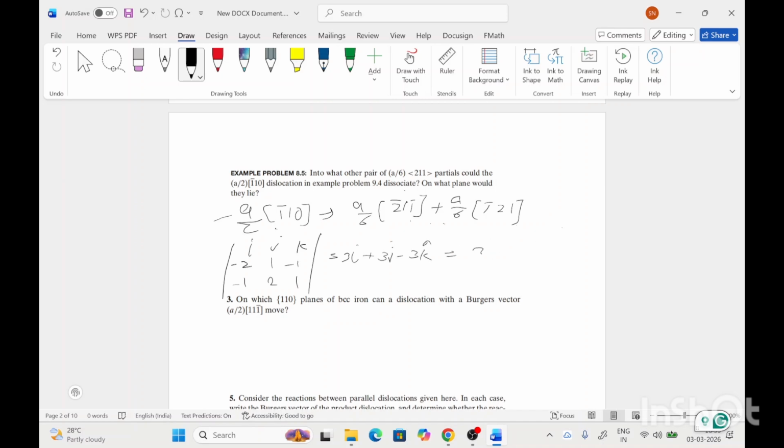So 3 will give 1 1 minus 1. So this is the plane on which they lie. This second type of partials lies on this plane. We can check it by cross checking also: minus 2 plus 1 and plus 1, this will be 0.